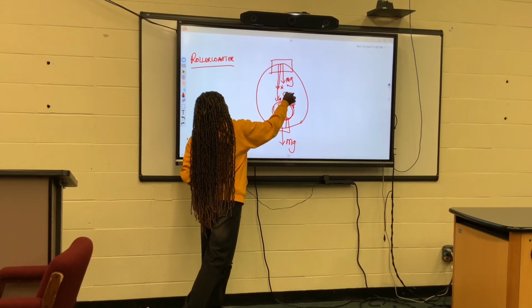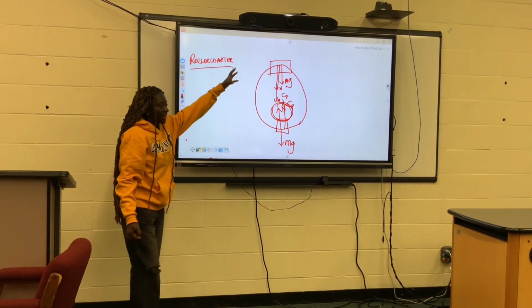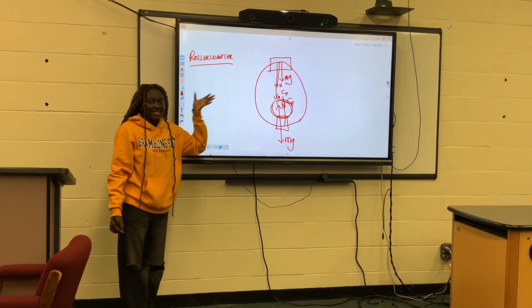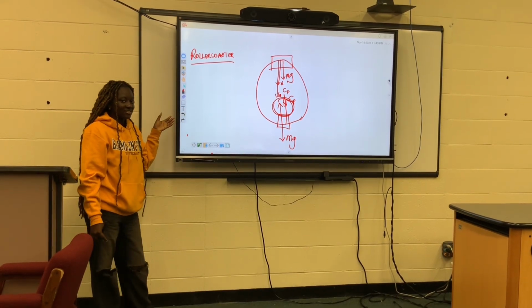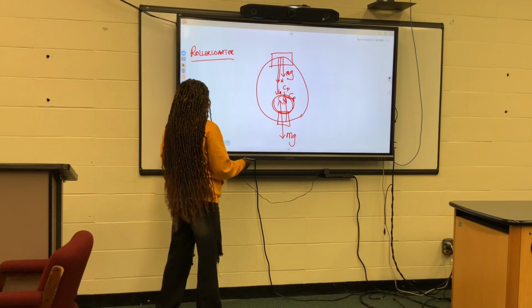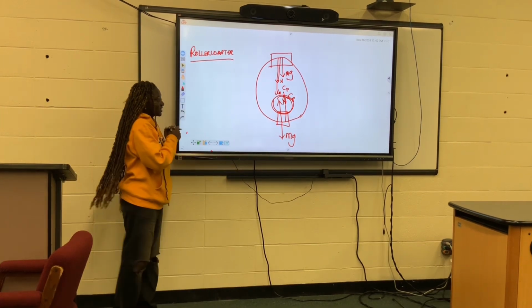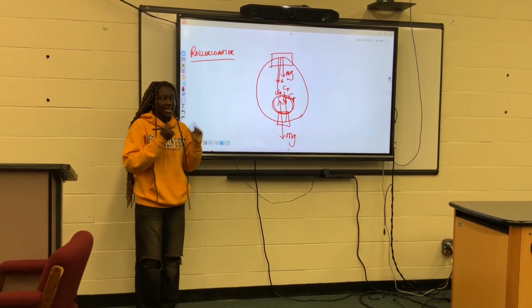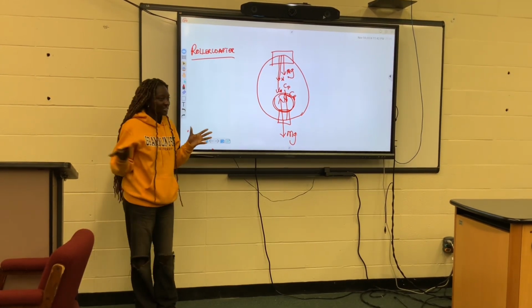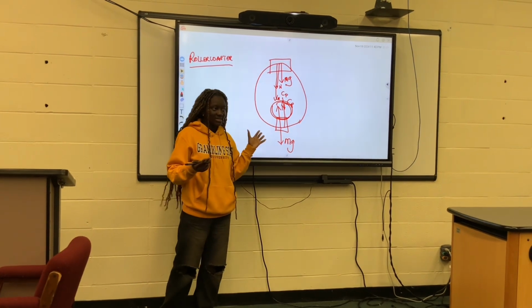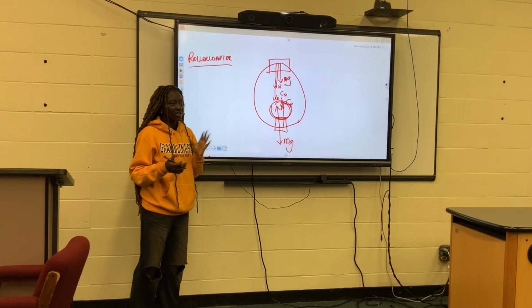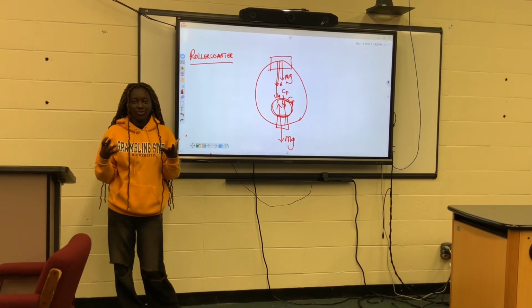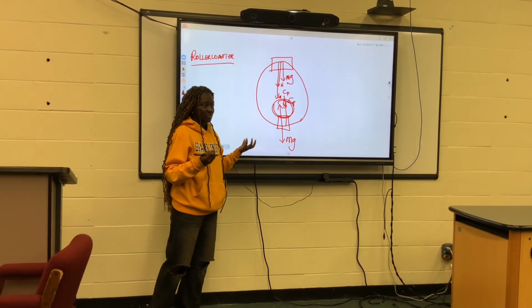So over here, you can see that all the forces are acting towards the center, or they are all moving in the same direction. And because of that, you do not need your normal force to be bigger or greater than your weight, because it's all in the same direction. So it all caters for the net force of the centripetal force.